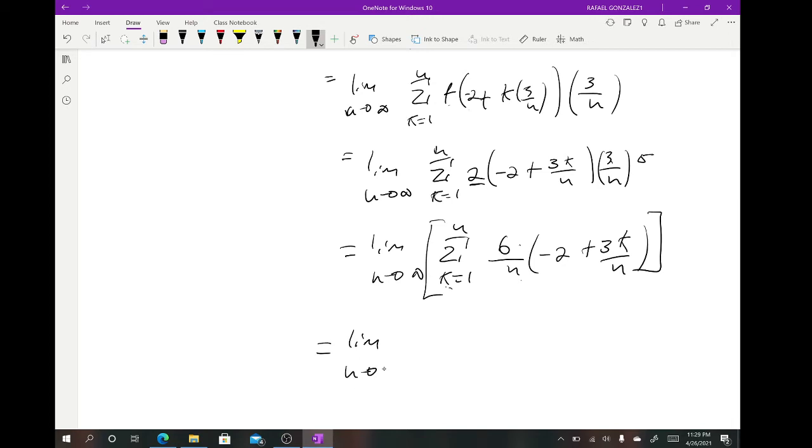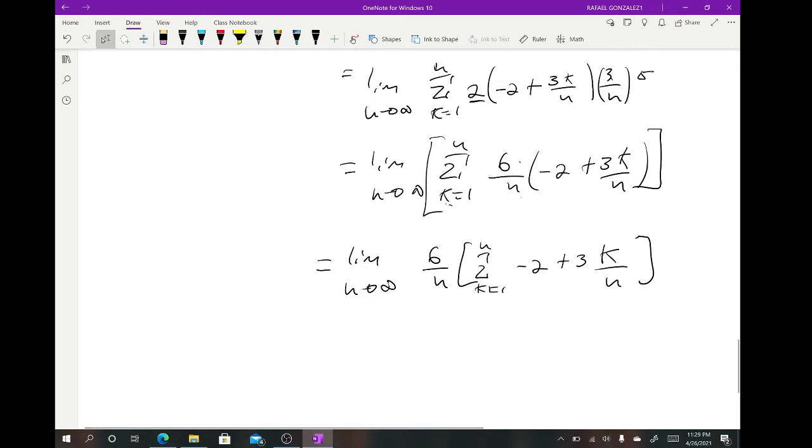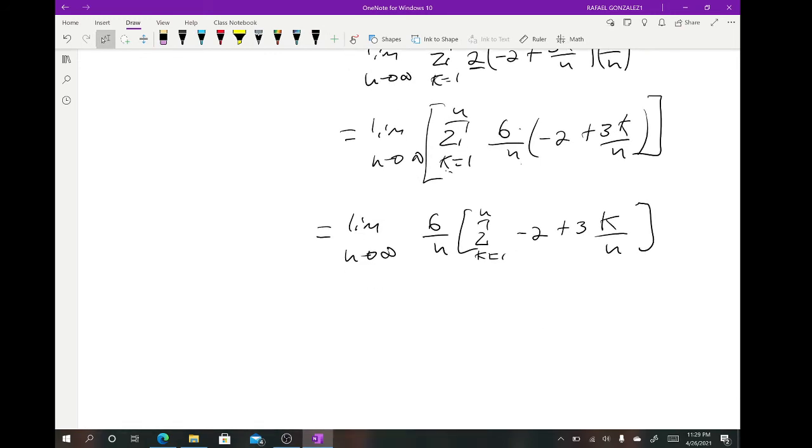So this is the limit as n goes to infinity of 6 over n times the sum of k equals 1 to n of -2 plus 3k over n. This is all using the definition. And now, let me give myself some more space. We have the limit as n goes to infinity of 6 over n.